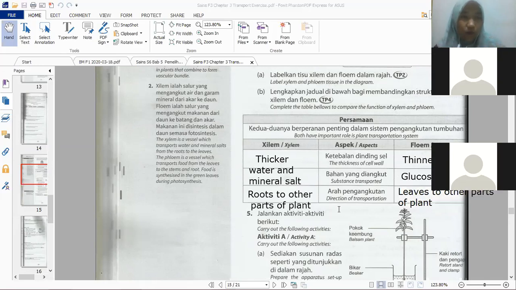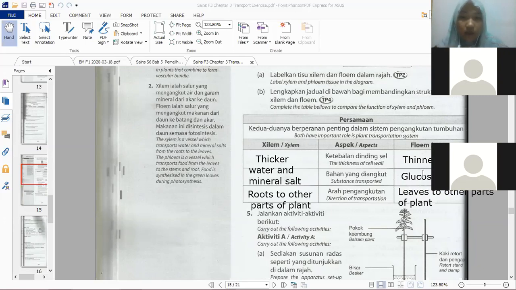So if there's no xylem, so the lack of water to transport it to the leaves, so the leaves cannot make photosynthesis, so there's no glucose. So if there's no glucose, so phloem cannot transport glucose to all parts of the plant, so that's why plants tu akan mati. Okay, tiada absorption for the cell, ataupun tiada makanan untuk sel tu.